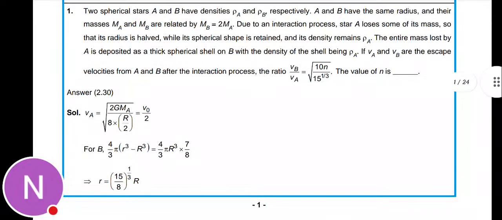So the formula is VA is equal to root of 2G MA by (R by 2), that is equal to V naught by 2.